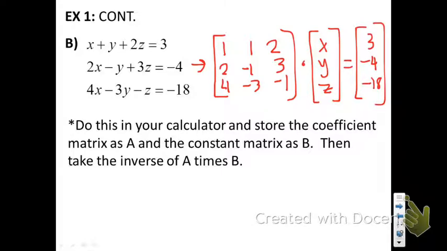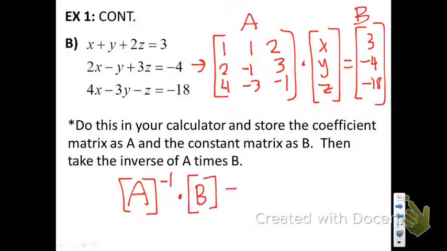And in your calculators, you'll store this as A, store this as B, and I showed you this on the previous slide. Once you've stored those, you're going to select A, the matrix A, press the button that allows you to do the inverse, and multiply it by B. And that should give you an answer.